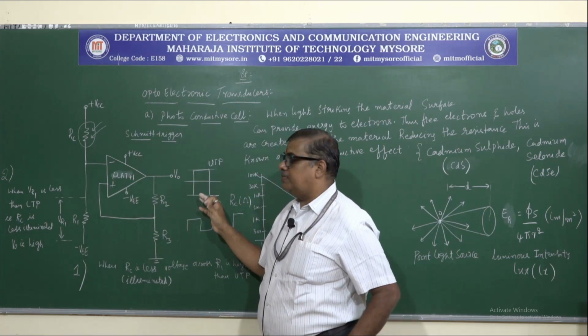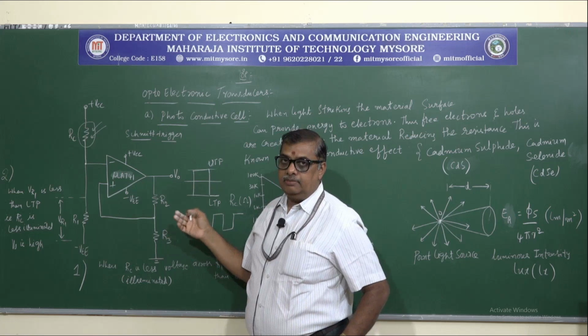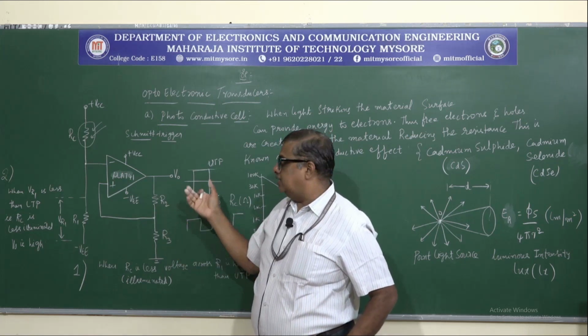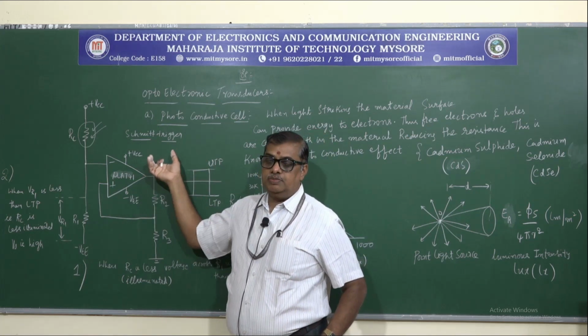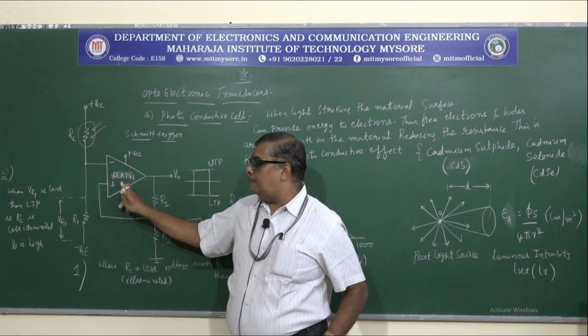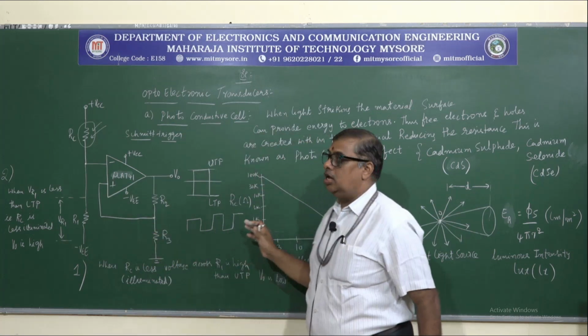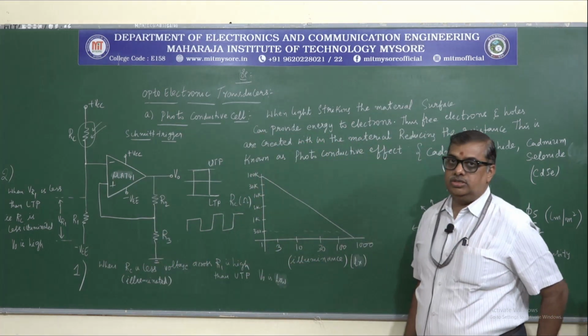This is a simple circuit for measuring illumination in terms of voltage, called a Schmitt trigger circuit, and it can be constructed using the op-amp MUA741. So, this is what the optoelectronic transducer is.